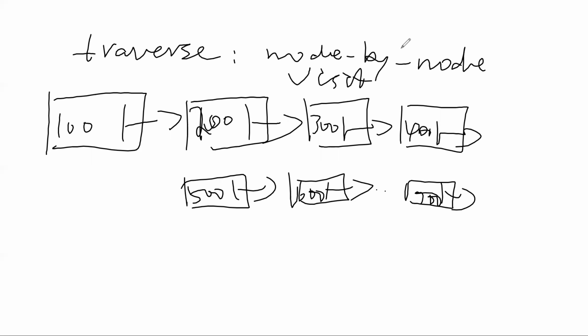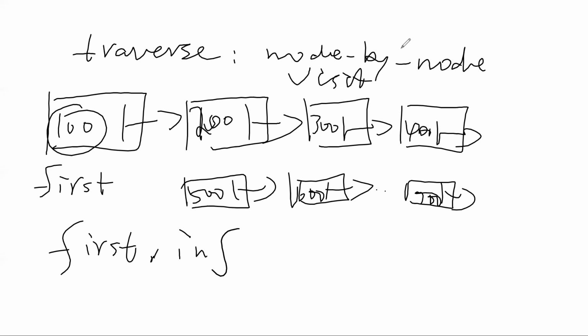And we only know the first node. Suppose what the traversing is going to do is output all of the nodes' information. It's kind of like the toString function. Suppose you're going to write the toString for the linked list. Then how do I get the 100? You can get it through the information part of this node.